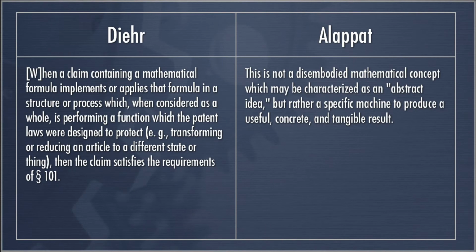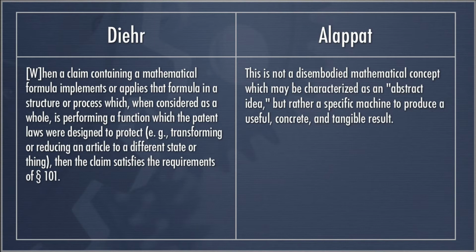So note the difference here. In Diehr, the Supreme Court says that when a claim containing a mathematical formula implements or applies that formula in a structure or process which, when considered as a whole, is performing a function which the patent laws were designed to protect, e.g. transforming, then the claim satisfies 101.